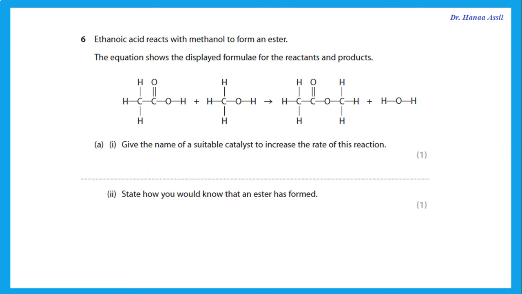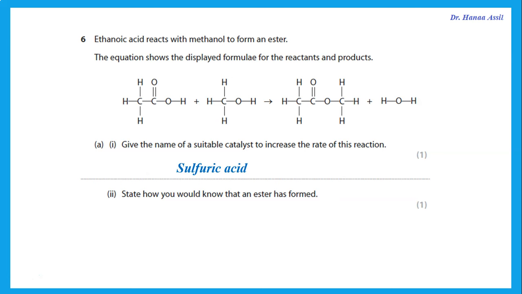Question 6 says ethanoic acid reacts with methanol to form an ester, and the equation is given. Give the name of a catalyst that is used to increase the rate of the reaction to form an ester. Remember, to form an ester, we have carboxylic acid plus alcohol in presence of what?